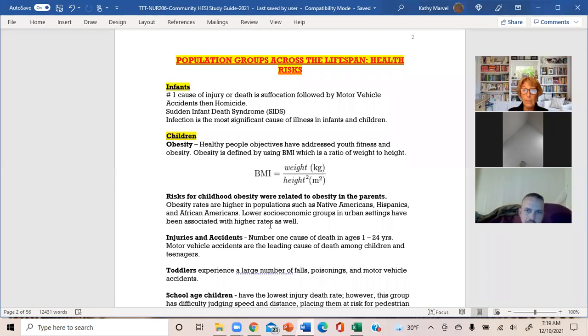Okay, there may be some information in these sections that we haven't gone over in class, but it's part of the topic. Okay, so you may not have heard every word on this study guide in my class, but you've heard of all the topics.